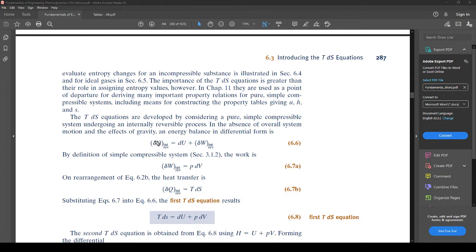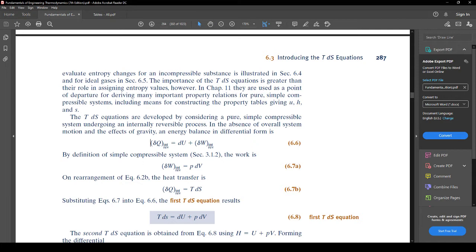Anybody remember? Is it partial? I want to be sure before I say it. I know this is dU, but we'll just call this delta for now. Delta Q of an internally reversible system is equal to dU plus, is it a partial derivative? Okay. So, as I said, dU plus delta W of an internally reversible process.